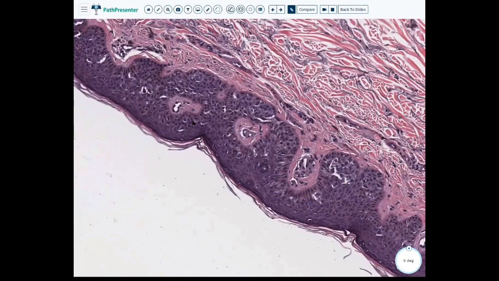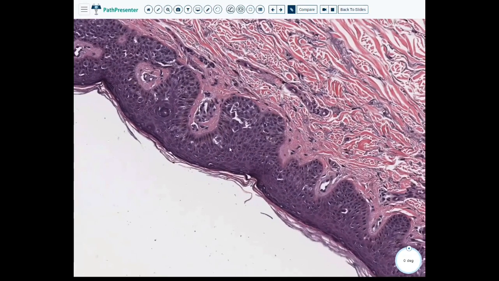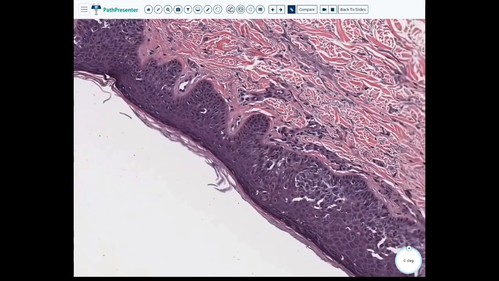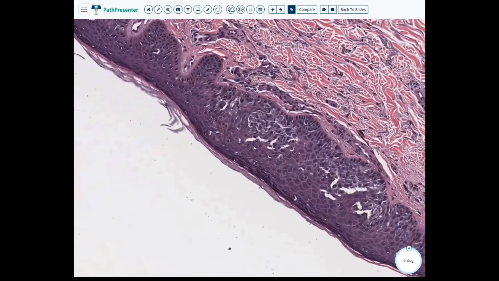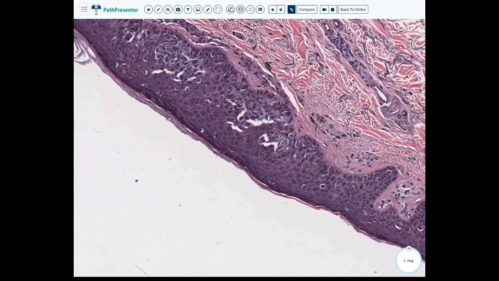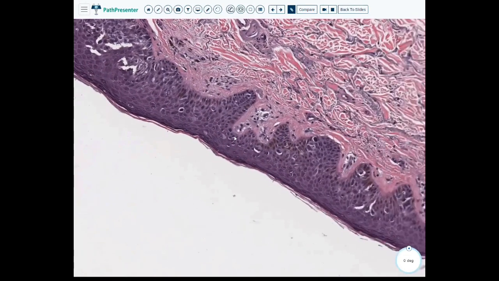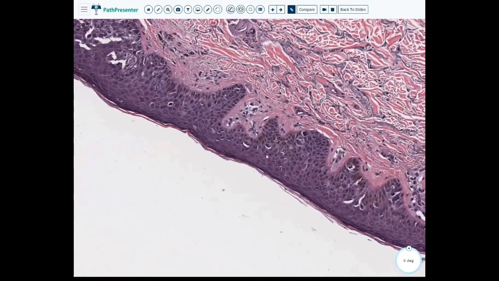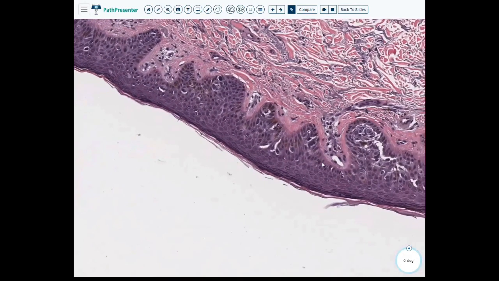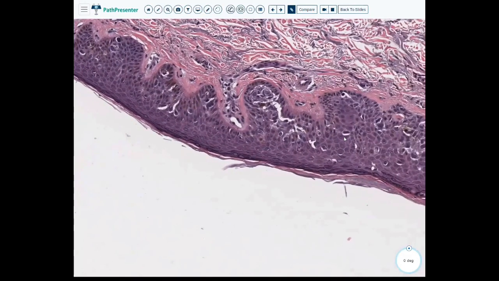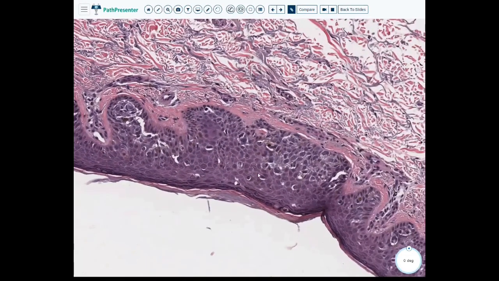And this is a much more subtle example of melanocytes having this pagetoid spread, right? This superficial extension of melanocytes through all layers of the epidermis.